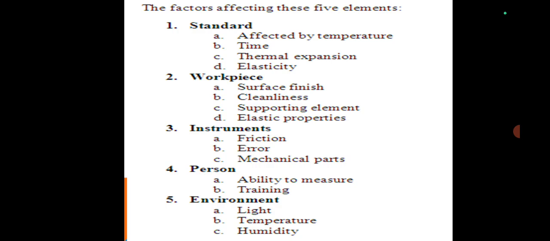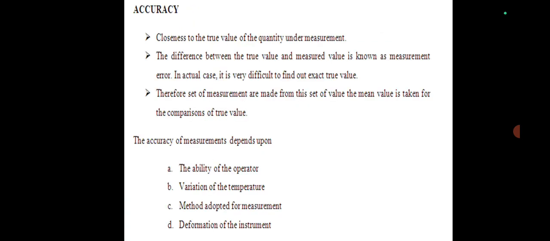Third one, instruments are affected by the following reasons: friction, error and mechanical moving parts. The person is also affected by these factors: ability to measure, and second, training. These are the main points affecting the person. And finally, what are the factors affected by the environment? First one is light, temperature, humidity.